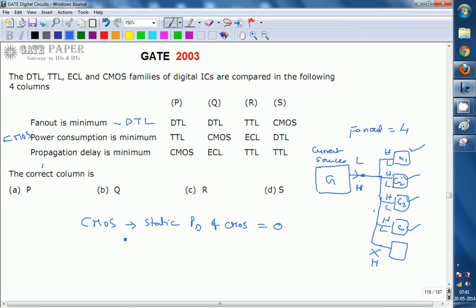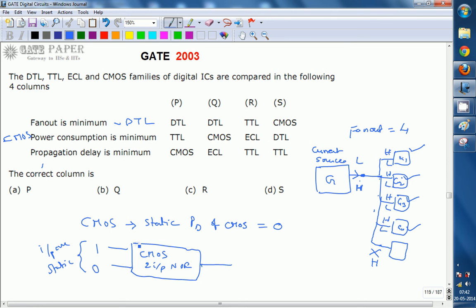The meaning of static power dissipation is this: let us assume you are going with a CMOS 2 input NOR gate. If you give the inputs as 1 0 and you are not changing the inputs, that means the inputs are static, there is no change in the inputs. The output is 0, but it doesn't consume any power.